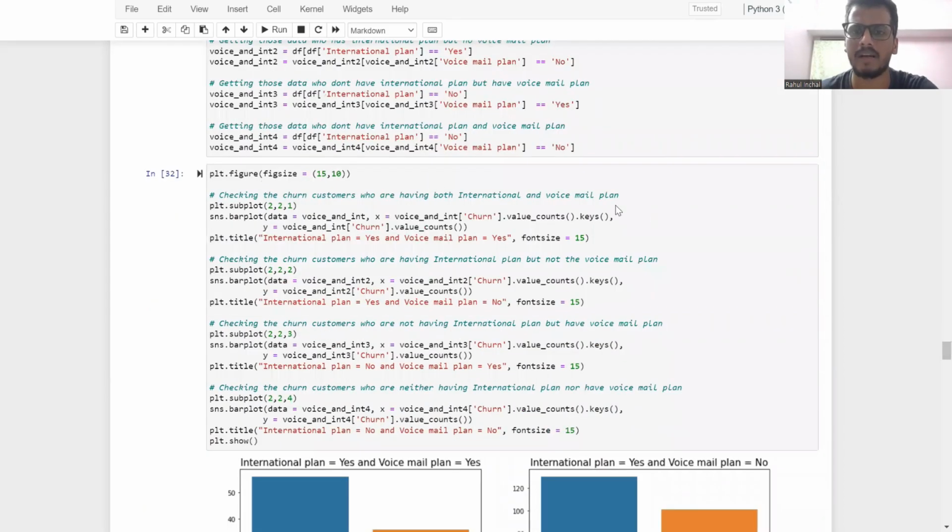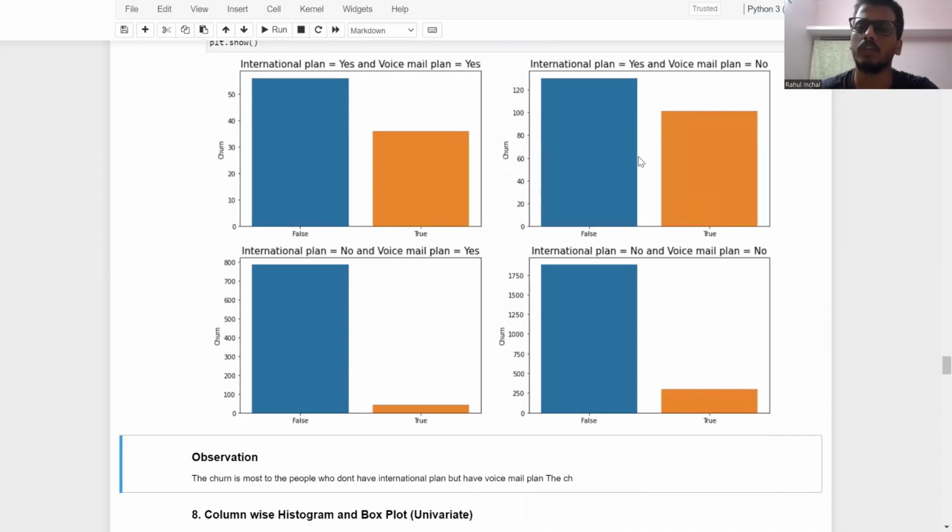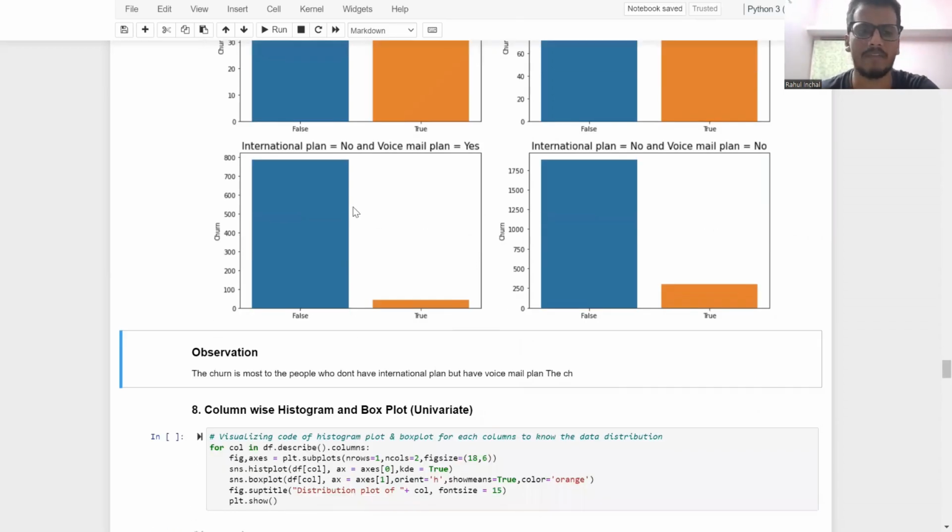Those who have an international plan and no voicemail plan have a very good churning rate proportion compared to any other. But the worst performance is that a lot of people churn out of the subscription who don't have an international plan but have a voicemail plan. So this is one insight which we can draw.